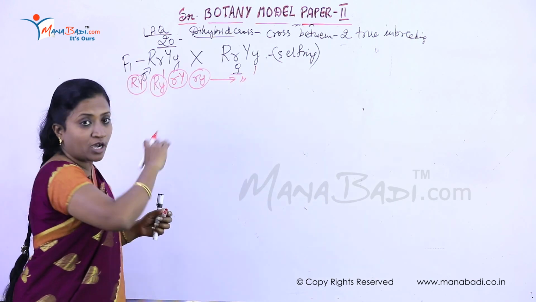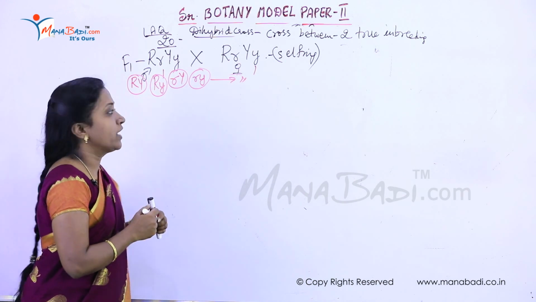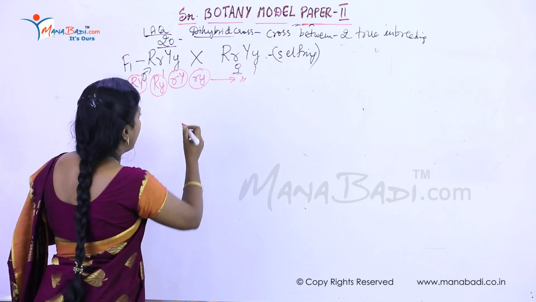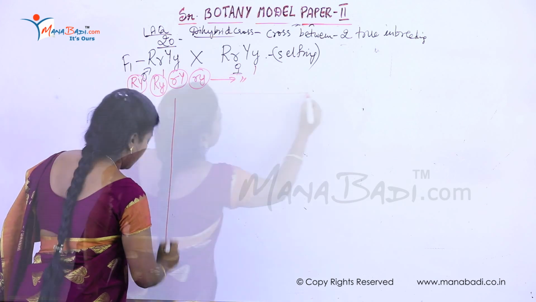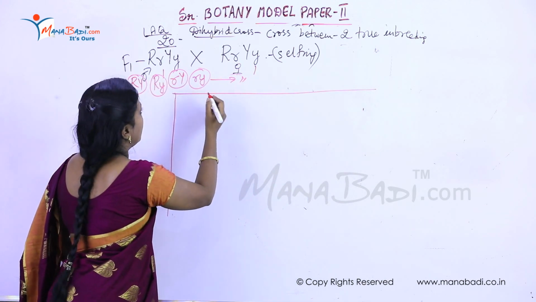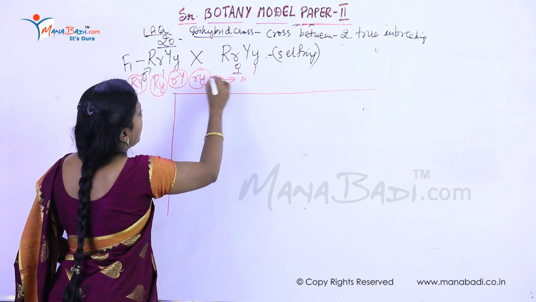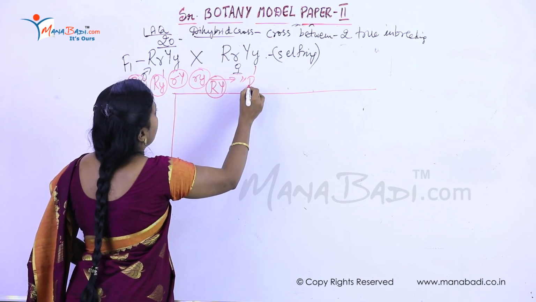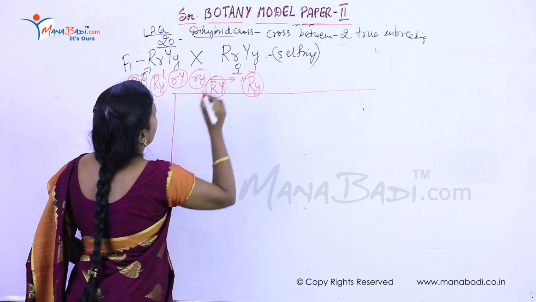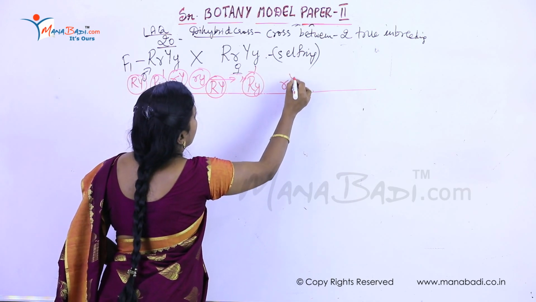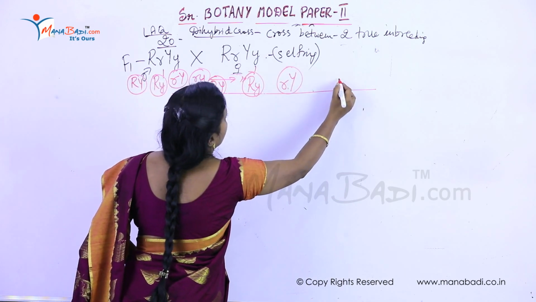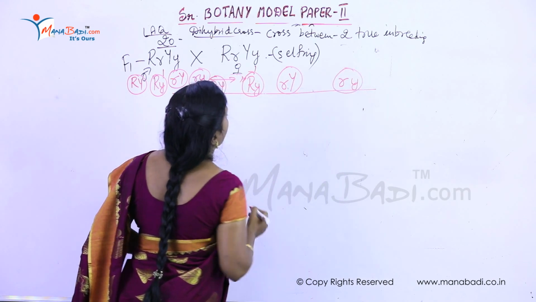Now coming to the drawing of the Punnett square, we will go with capital R, capital Y, then capital R, small y, small r, capital Y, then small r, small y.